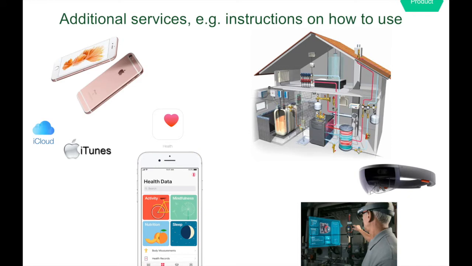So this is the example of the health data app, where you can see your activity, your mindfulness, your nutrition, your sleep. And of course, again, Apple allows different other companies to integrate with this app or with their data and offer additional services to the customer, how to improve activities, how to improve nutrition, and so on.